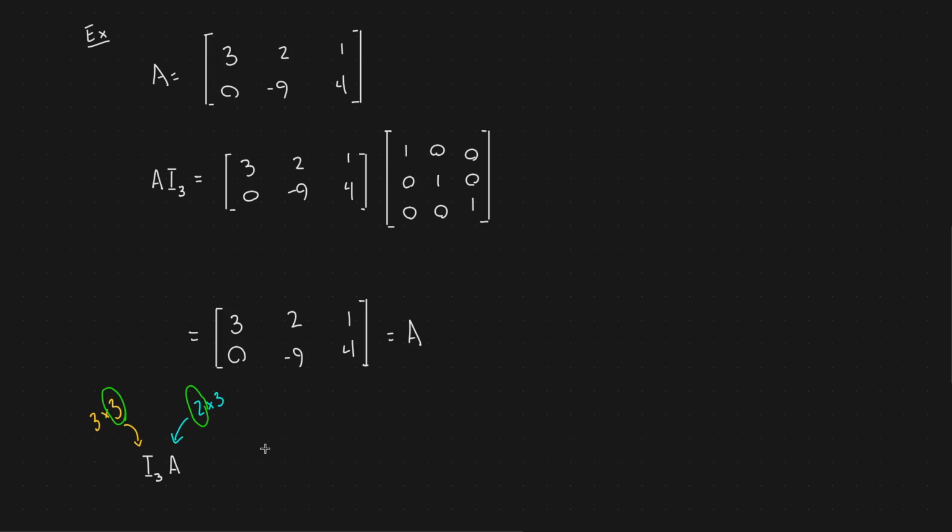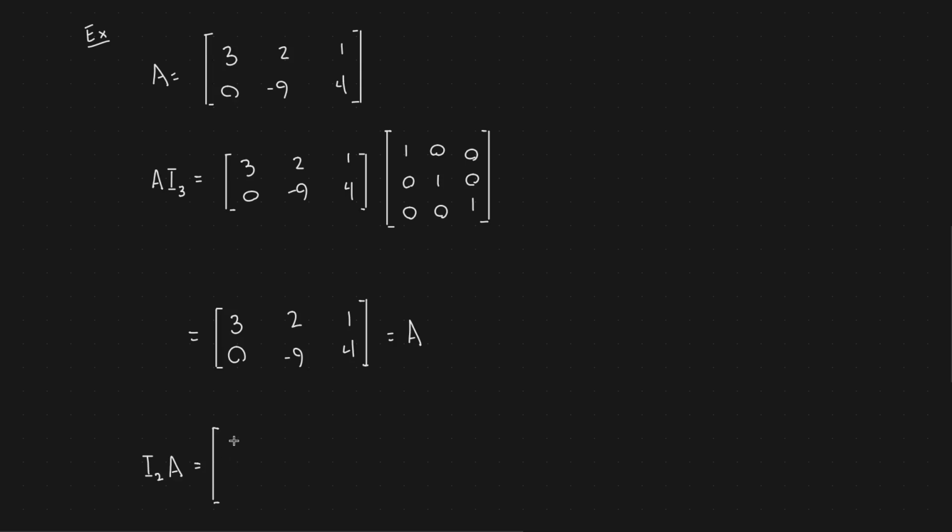So this matrix multiplication isn't defined, but I can find an identity matrix that is defined on this side. Since A has 2 rows, I need to multiply by matrix I2. So this would be the 2 by 2 identity matrix, and now the matrix multiplication will be defined.